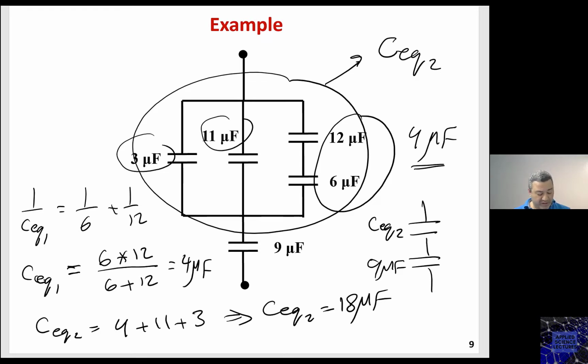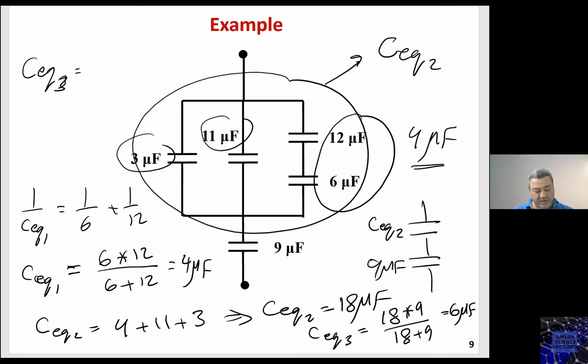So in this case, C equivalent 3 is 18 times 9 divided by 18 plus 9, and the answer is 6 microfarads. So C equivalent 3, which is the total capacitance, is 6 microfarads.